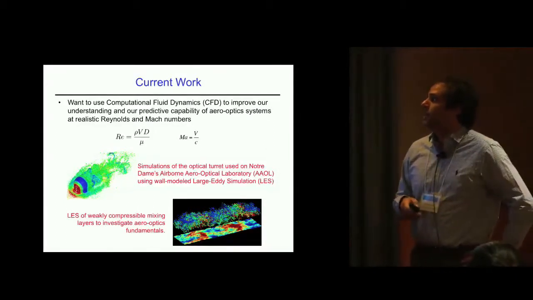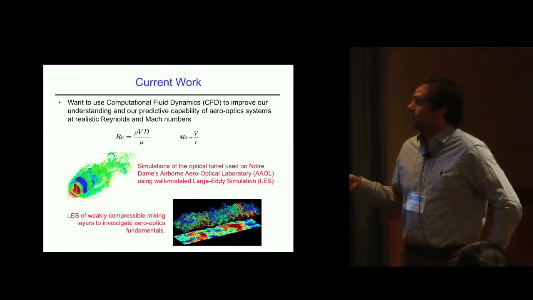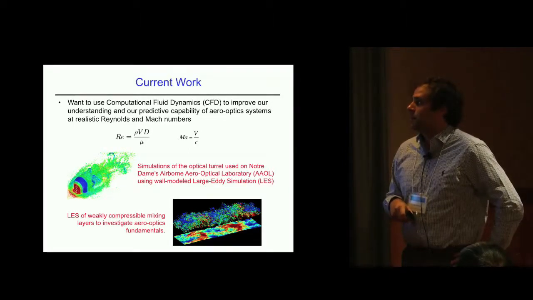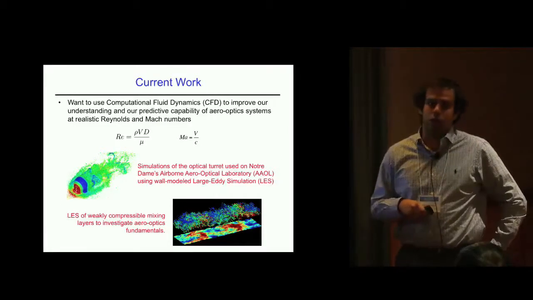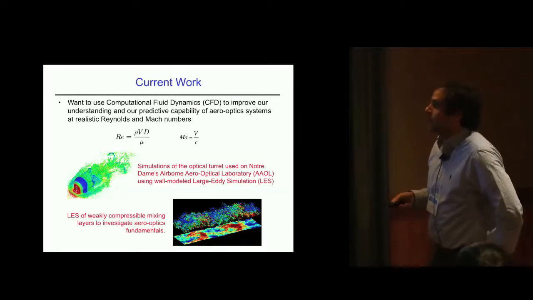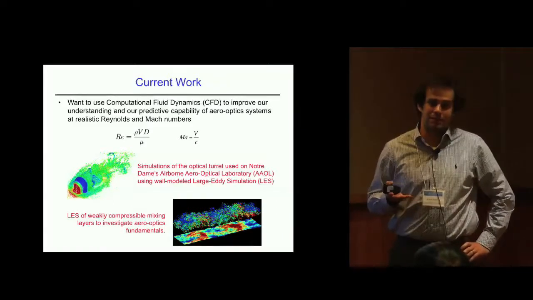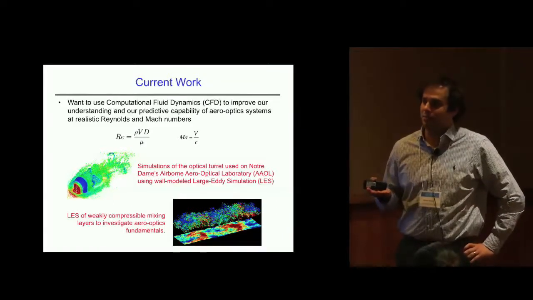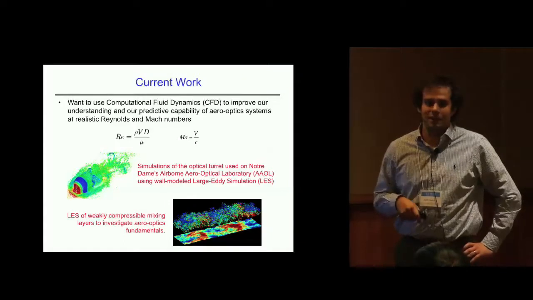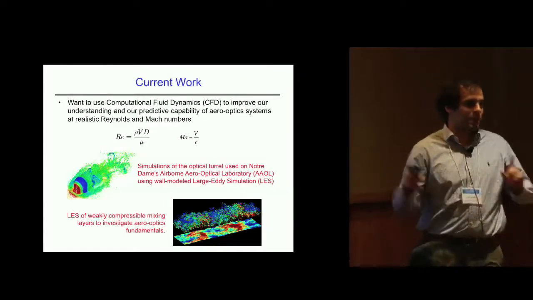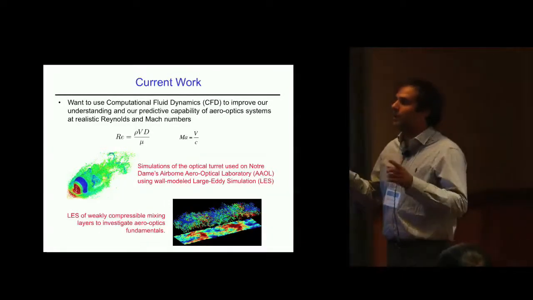with the fellowship. Mainly this simulation, which is the optical turret that's used on Notre Dame's aero-optic laboratory, which is a really unique laboratory. It's two jets that fly around northern Indiana and Michigan, and they pretty much beam a laser between them and then look at the optical distortion.